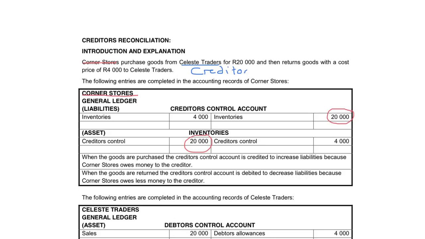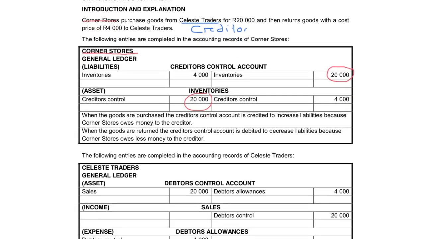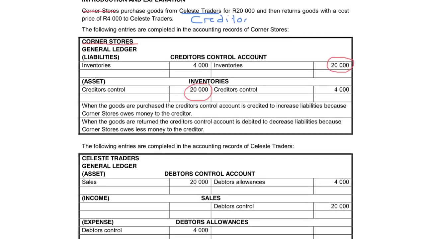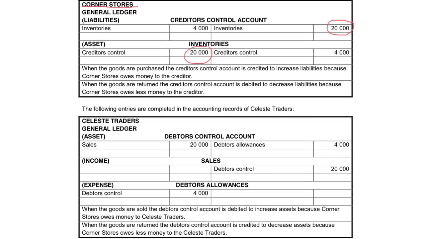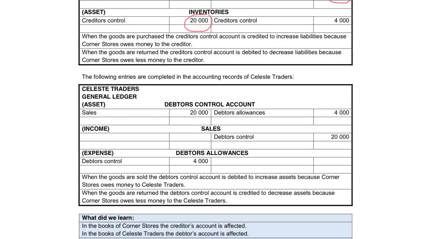If we go to the books of Celeste Traders and record that same entry, there's a difference now, because in the books of Celeste Traders, we are their debtors because we owe the money to them. So when we do the books of Celeste Traders, you must think of it as a debtor and not as a creditor.